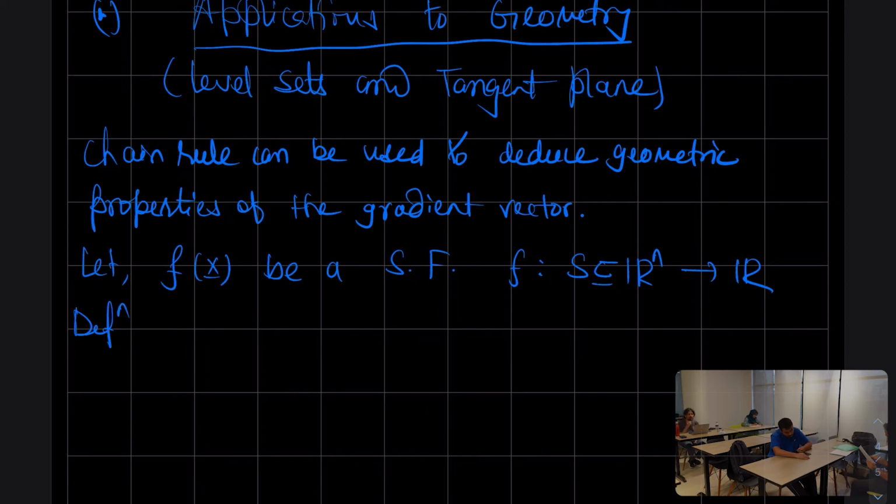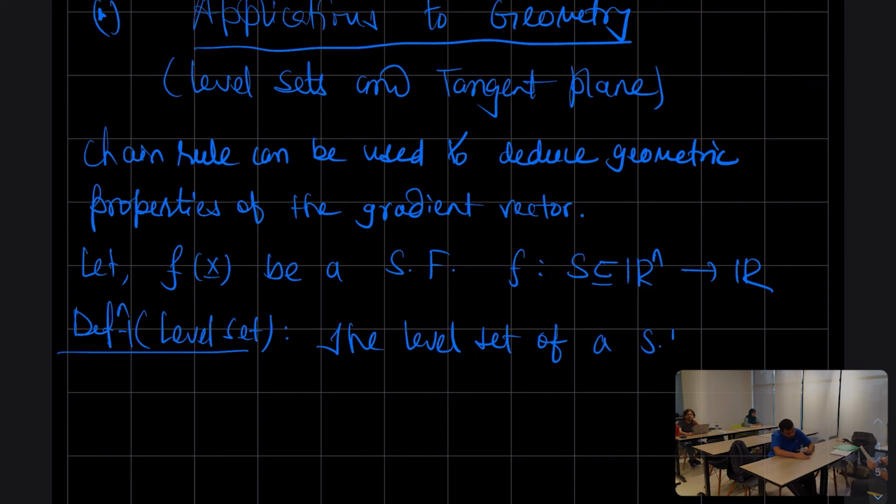Definition 1 for the day: the level set of a scalar field f is defined by the following set.